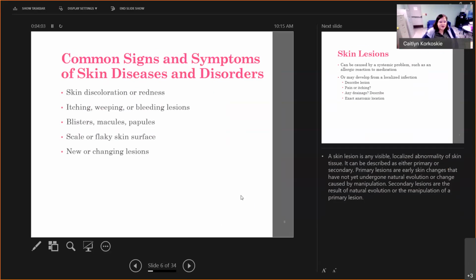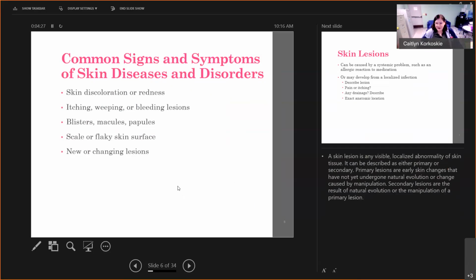But the most common signs or symptoms of a skin disease or disorder are some discoloration or redness around a particular area, itching, weeping, meaning in that specific area there is some moisture, almost as if the person was sweating but only in that particular area, or any bleeding lesions.